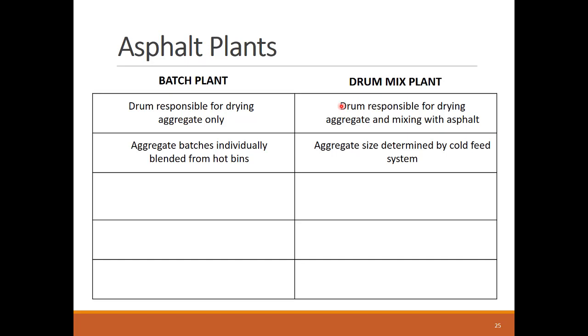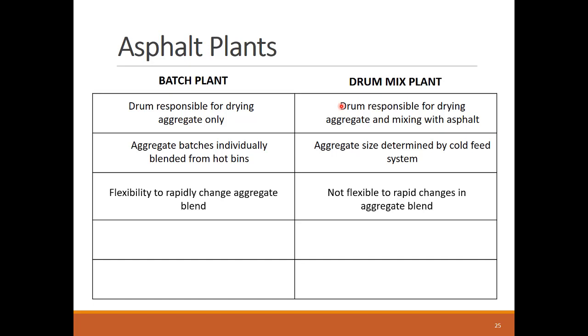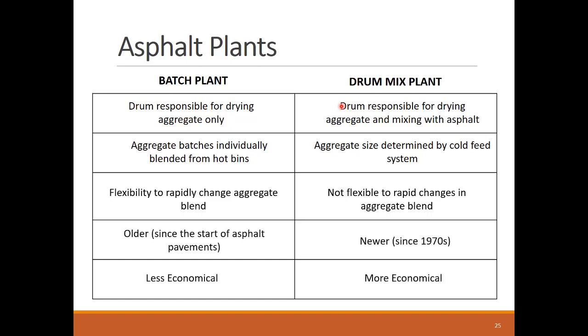Batch plants are more flexible to change the mix design, as the mix customization is pushed down the plant all the way to the mixing tower, while we need to wait for the drum mix plant to be done with its mixing in the drum to start a new mix from the cold feed system. On the other hand, drum mix plants are newer with more efficient heating and mechanical systems, which make drum mix plants more economical.